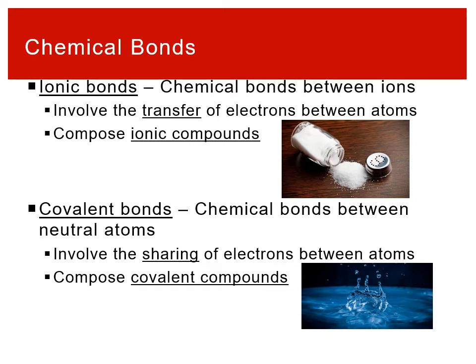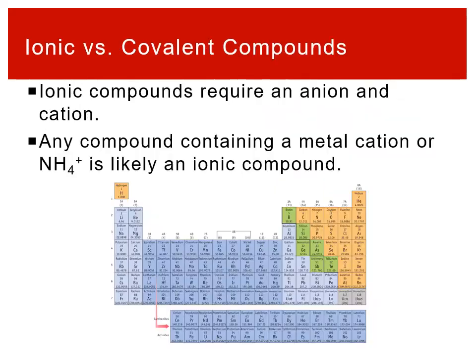So that was just what we said at the beginning, that defined what was going on. Now that we have a bit more of an understanding of what electrons are doing around atoms, we can start to understand and explain a bit more of the actual mechanism that's going on here. So when we have ionic compounds, it requires an anion and a cation, right? We know there has to be a negative and positive charge.